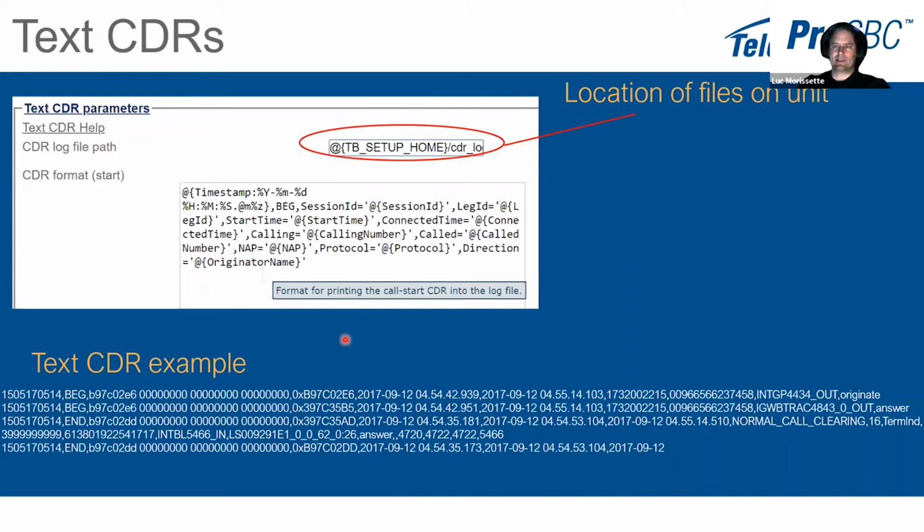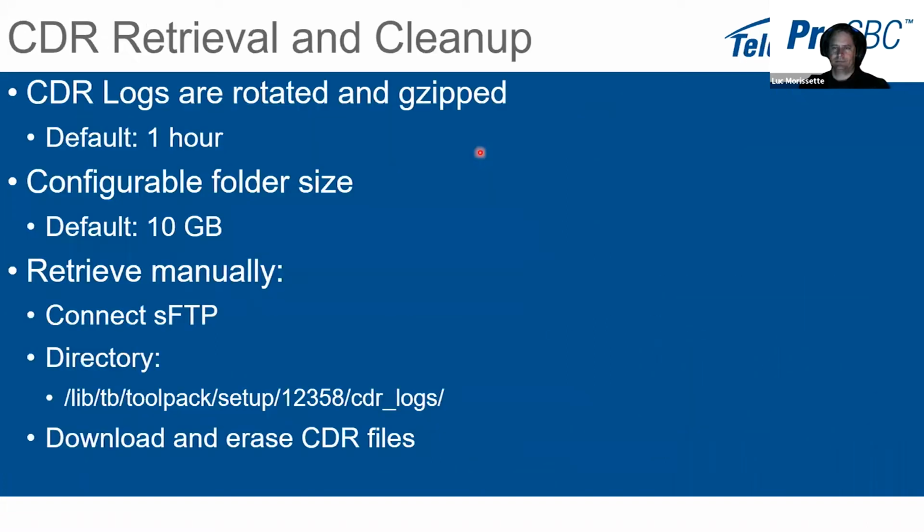And here it says where these files are located. But if you just search for CDR logs, you will find them. So by default, the CDR logs are rotated and zipped every 1 hour.